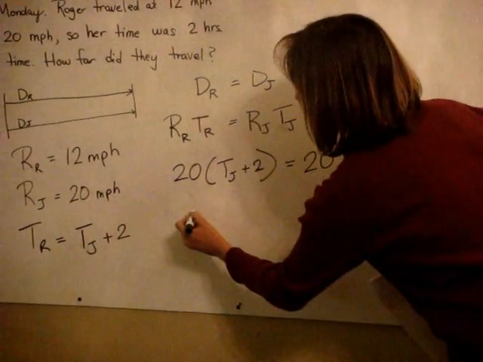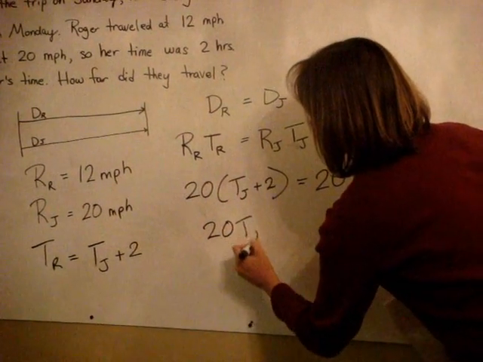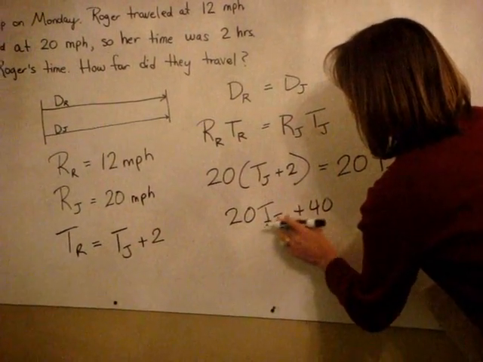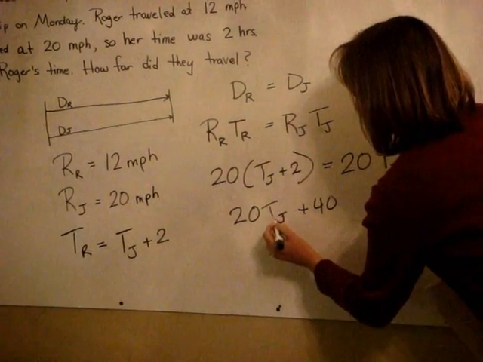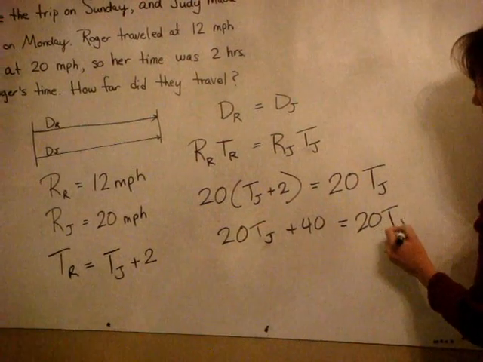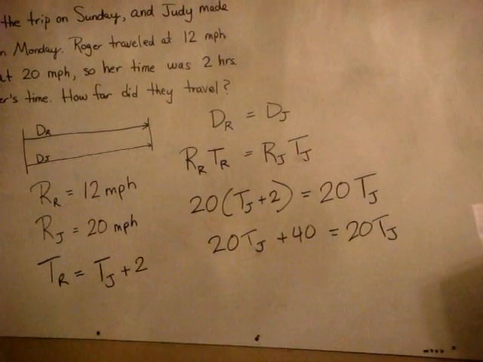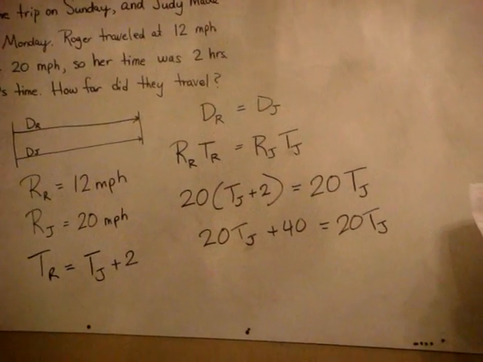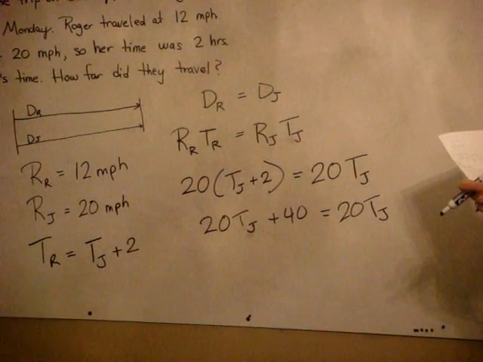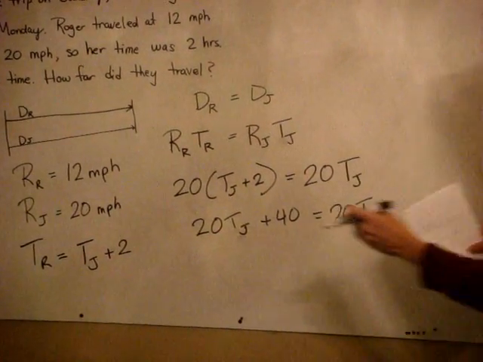So we're going to distribute. We're going to get 20 times the time of Judy on the right side, and on the left, 12 times t sub J plus 40. Oops, something went wrong there. Whoops, this should have been 12.